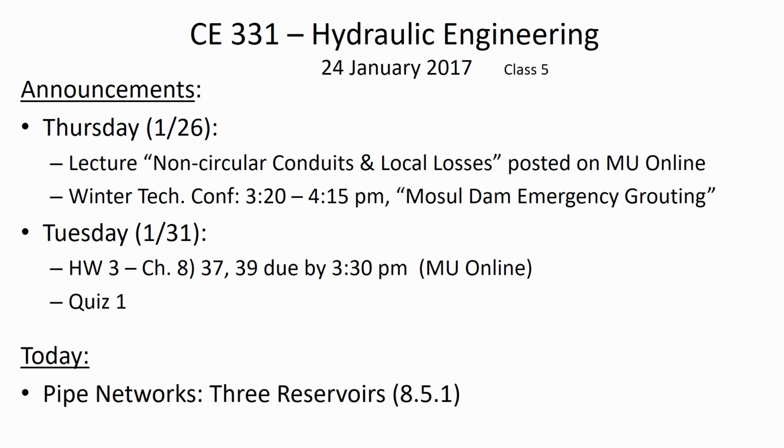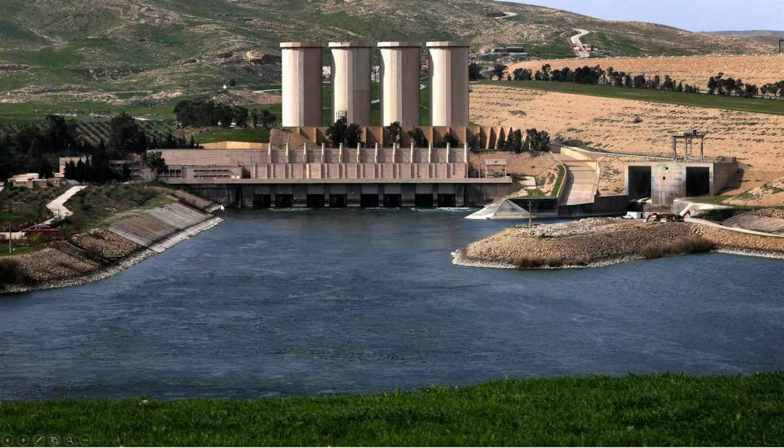Now, regarding this Winter Technical Conference, maybe some of you are already aware of the situation at the Mosul Dam. I happened to learn a little bit about it from an article in a magazine not more than a month ago. It's a dam with an interesting history.